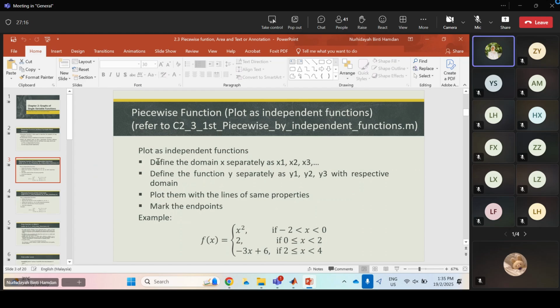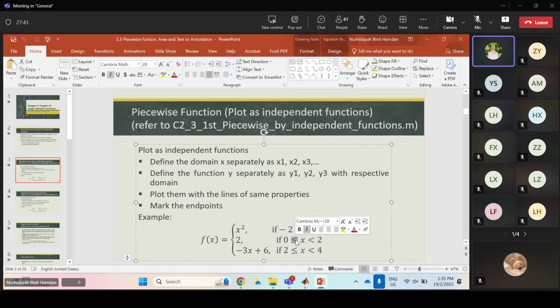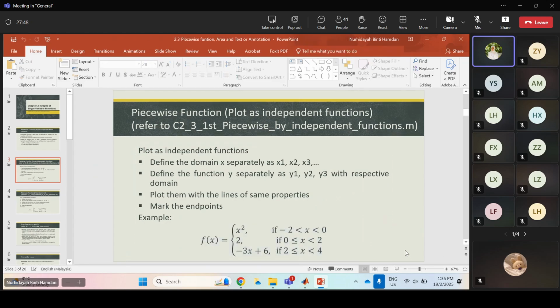This one we have 3 conditions, so we have to create x1, x2, x3, and the outputs y1, y2, y3, with the respective domains. Plot them with lines of the same properties and mark the endpoints. Because you see here, we have equality and inequality signs, right?